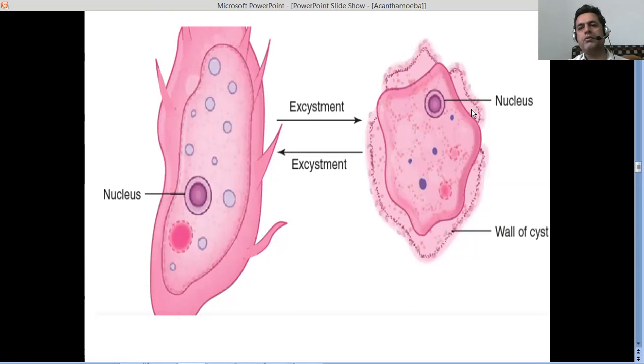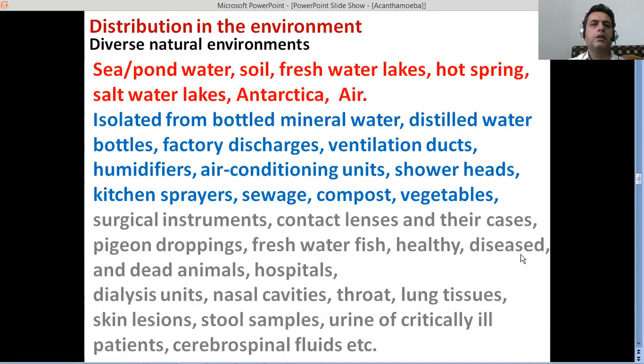On the right side, you can see the cystic form of the parasite, and this keeps changing, from the active to the cyst form, or from the cyst to the infective trophozoite form. This change in morphological form is because of these conditions that we have discussed. Availability of nutrients, the pH and temperature, all these things are important in this.